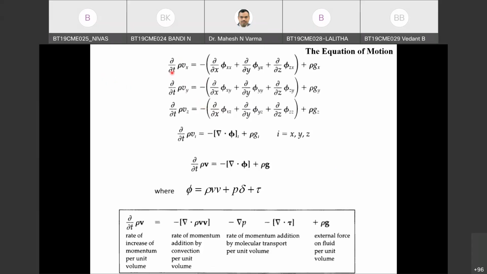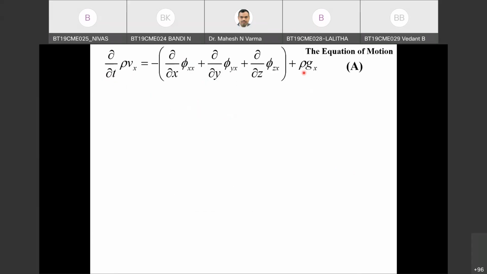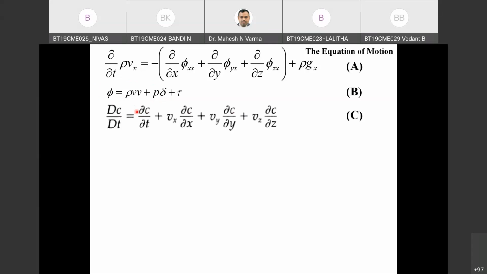So this is the equation we got: the generalized shell balance equation. This is the equation d by dt of rho into vx minus d by dx of rho, and this is the definition of total flux, rho into v plus p delta. And this is the definition of a substantial time derivative.